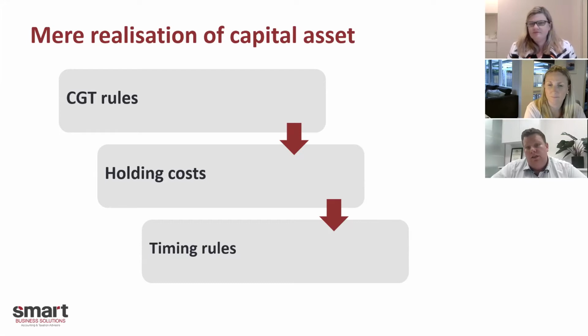Holding costs. If you've got holding costs, say interest on borrowed funds while you're holding the land, that in most cases can be added to the cost base, but it can't be deducted as you go. In terms of the timing rules, apart from a few carve-outs, like if it's purchased from a related party, generally you're putting this in your tax return in the year that the contract was entered into.